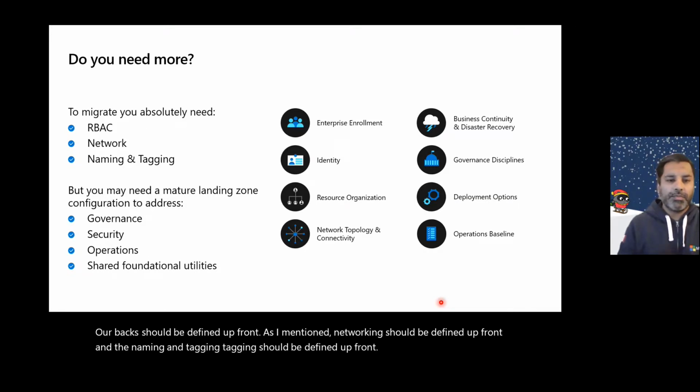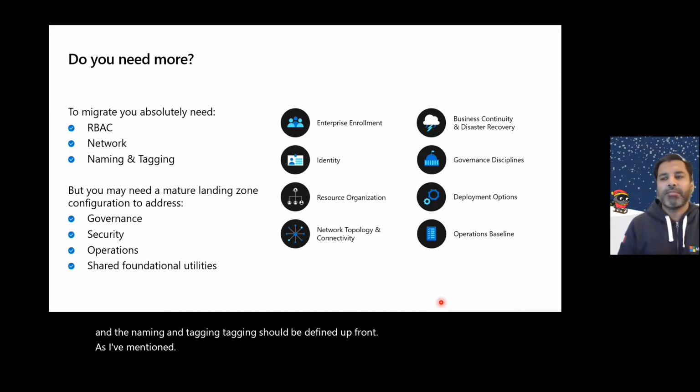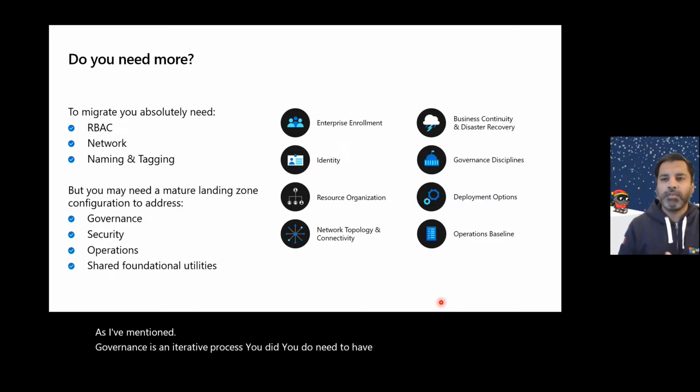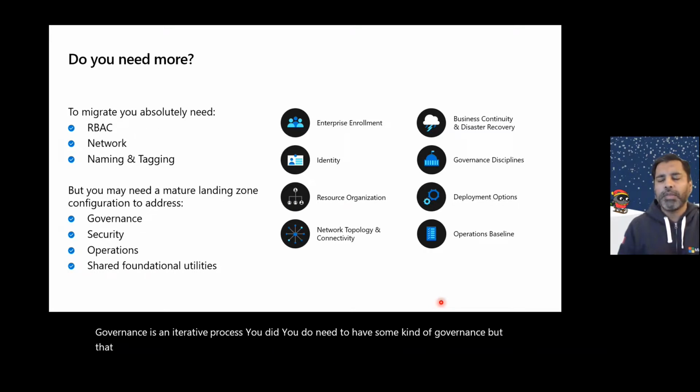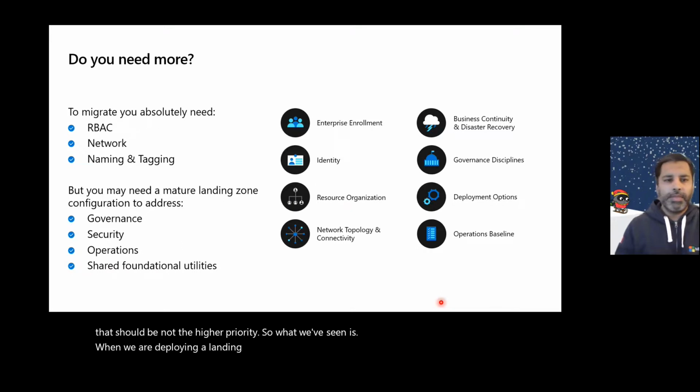As I've mentioned, governance is an iterative process. You do need to have some kind of governance, but that should not be the higher priority. So what we've seen is when we're deploying a landing zone, these three would be the highest priority, I would say.